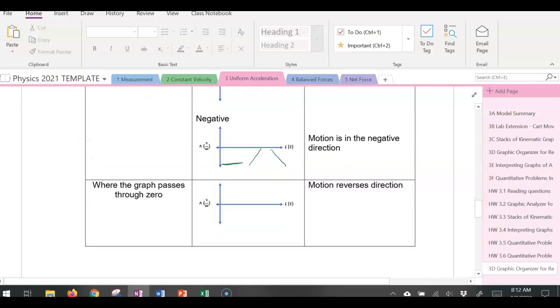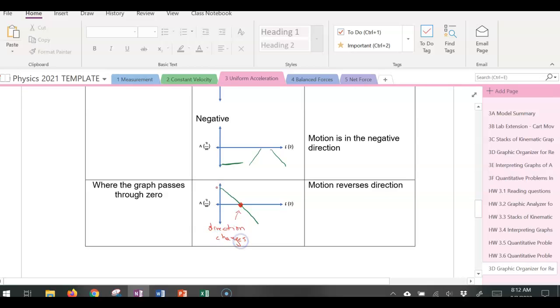When the graph passes through zero, then the object is reversing direction. So it could start moving in the positive direction and slow down, and then as it passes through zero, it turns around and starts moving in the negative direction. So this point is where direction changes, right?